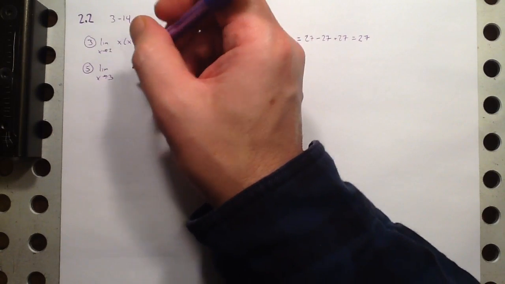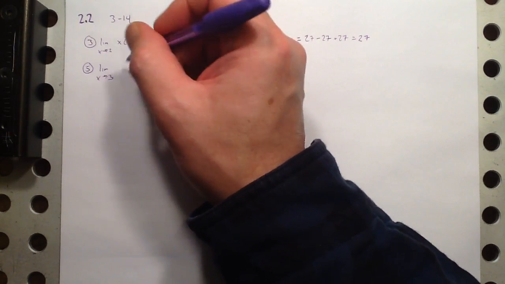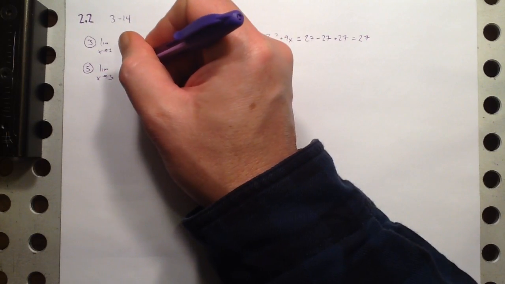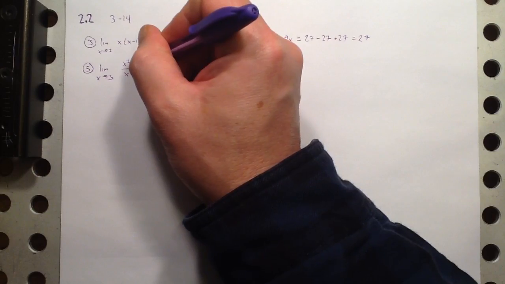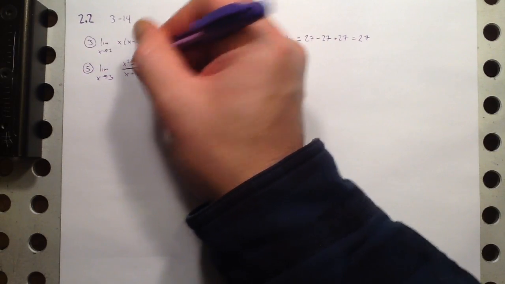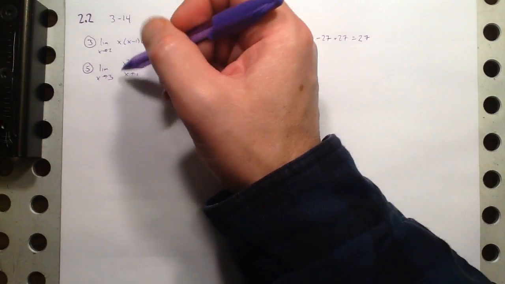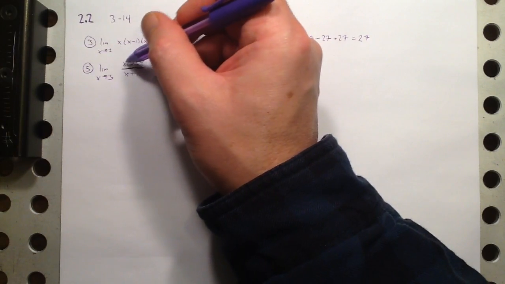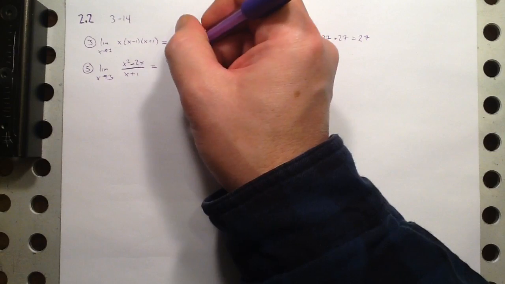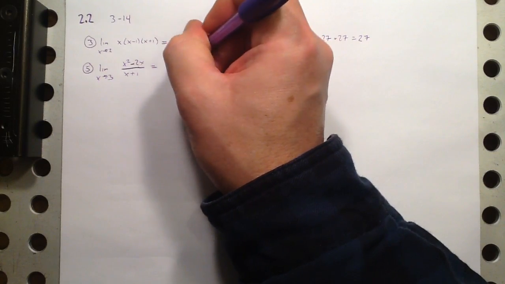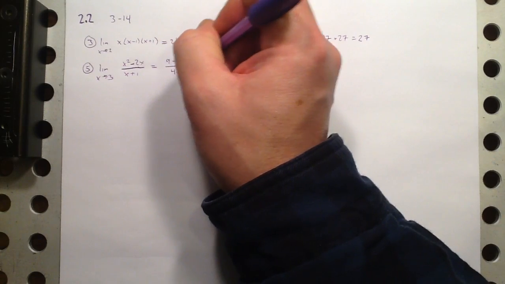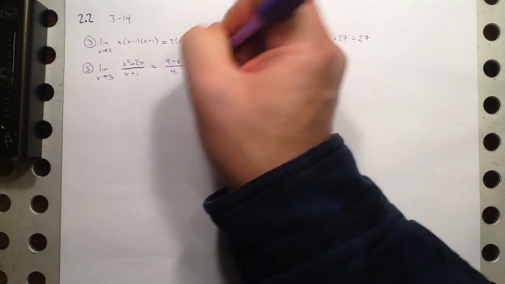So the limit as x approaches 3 of (x squared minus 2x) over (x plus 1). We get excited here: oh, maybe this is a 0 over 0 limit, but it's not. If you plug 3 in the top, you get 3 squared, which is 9, minus 6, over 3 plus 1, which is 4. So that's just 3/4.